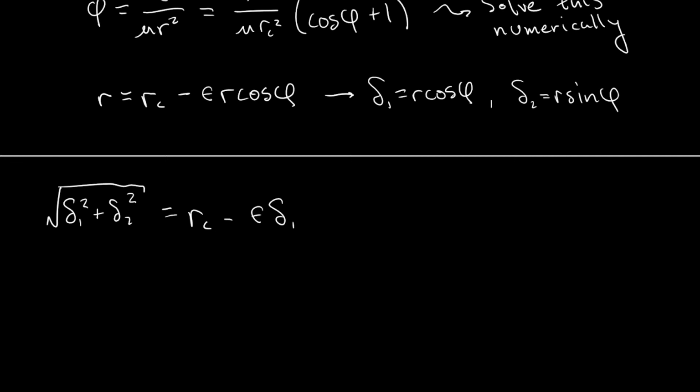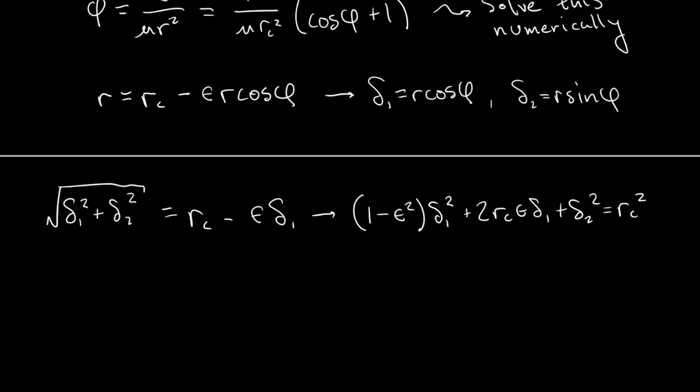And now I can square both sides, and again, just rearranging terms, 1 minus epsilon squared, delta 1 squared, plus 2 rc epsilon, delta 1 plus delta 2 squared equals rc squared.